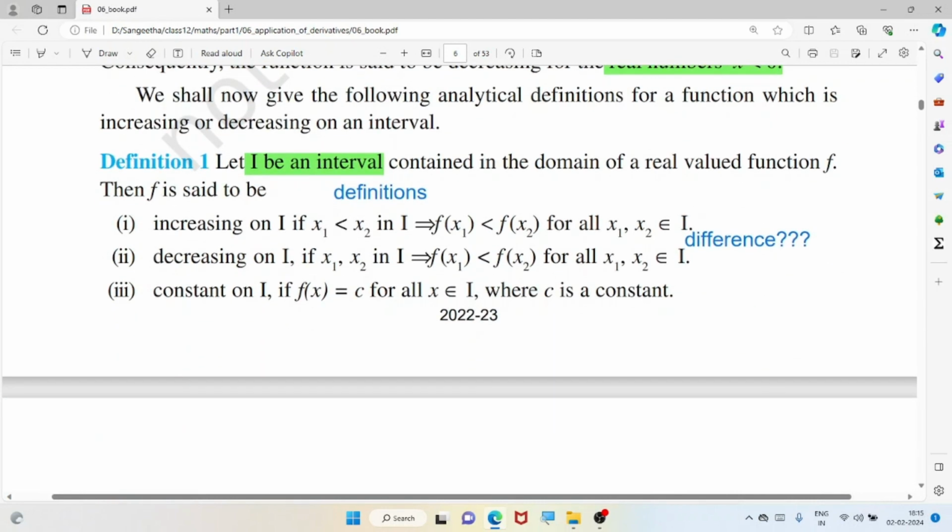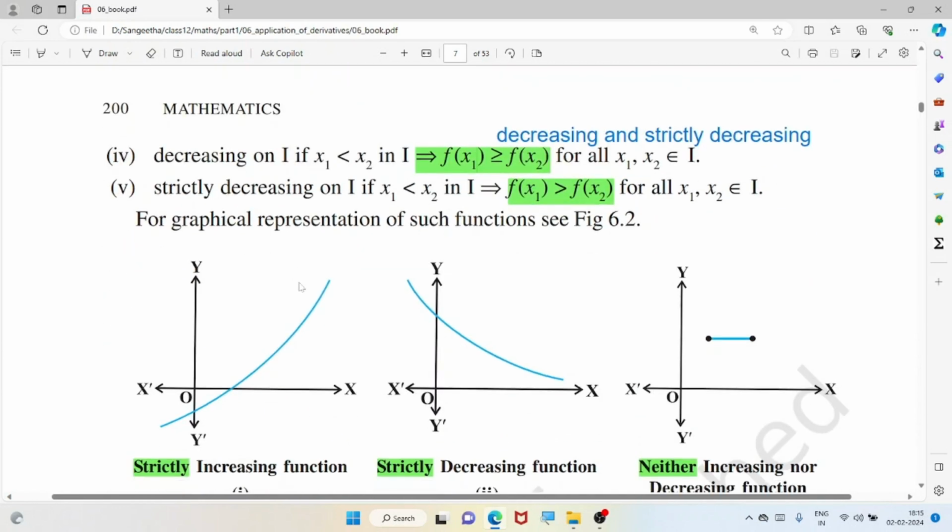Now for definition 1, let I be the interval associated with the domain of the real function. What is the definition of increasing? x1 is less than x2, that is, x2 is greater than x1 on that domain. Similarly decreasing and constant. See here the decreasing and strictly decreasing, look at the difference.